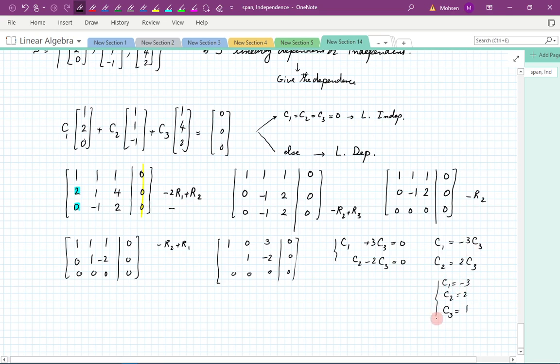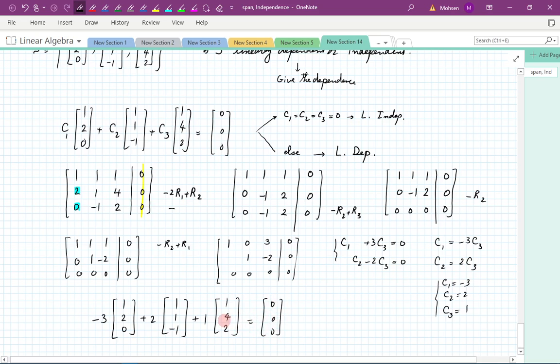What this means is that if I take minus 3 times the very first vector, 1, 2, 0, and 2 times the second vector, which is 1, 1, minus 1, and C3, which is 1 times 1, 4, 2, I indeed get 0.